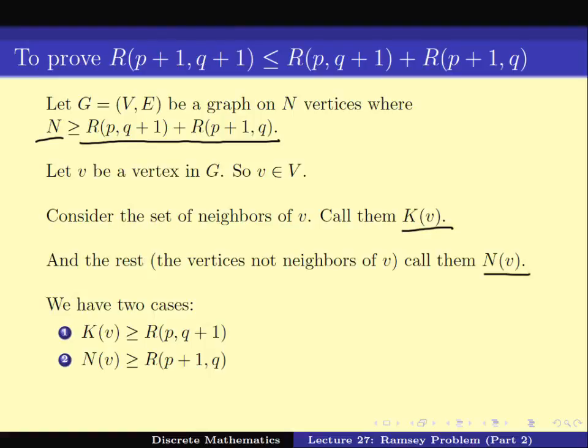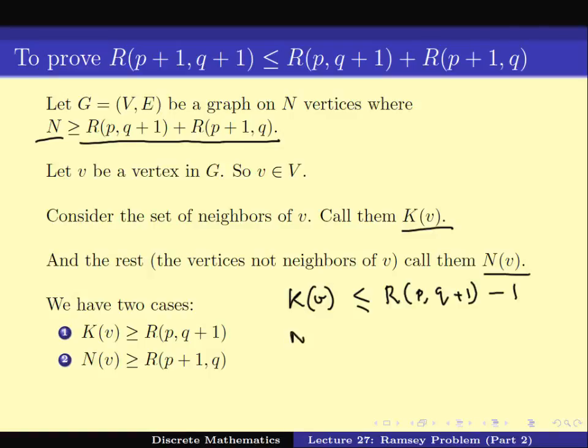Now, why are these the only two cases? To prove that, what we have to see is that if neither of the cases holds, then something wrong is happening. So, what happens if the first case doesn't hold? Then K_V is strictly less than R(p,q+1), which means it is less than or equal to R(p,q+1) minus 1.